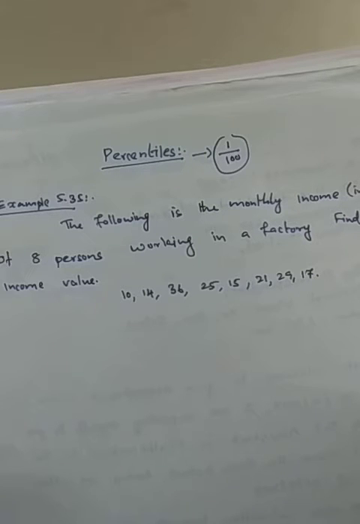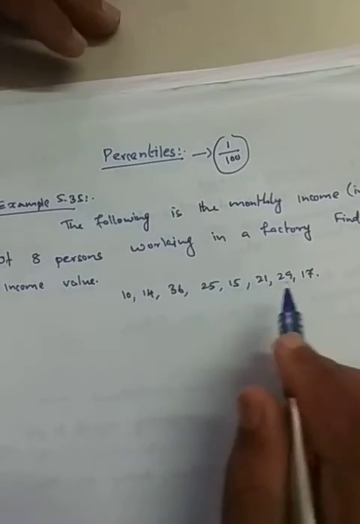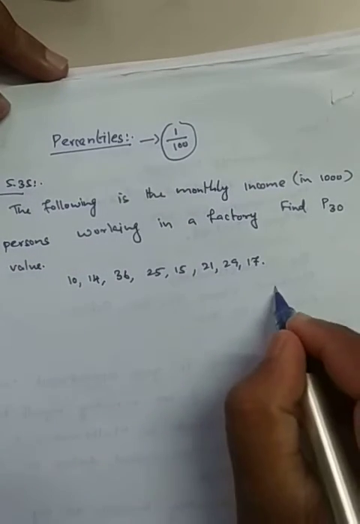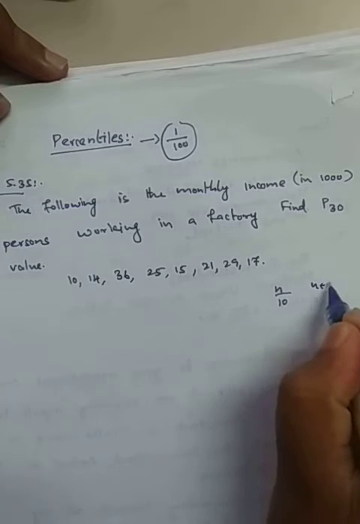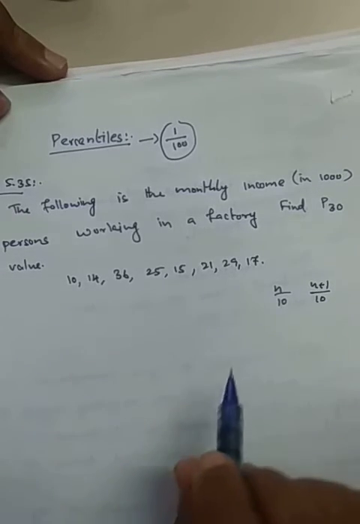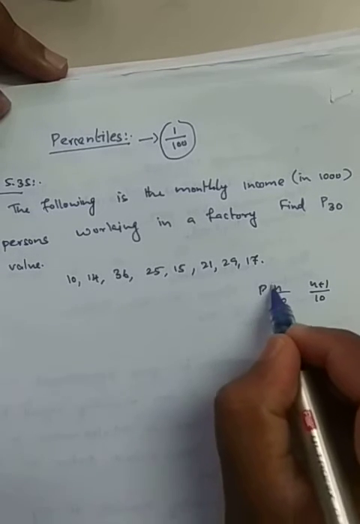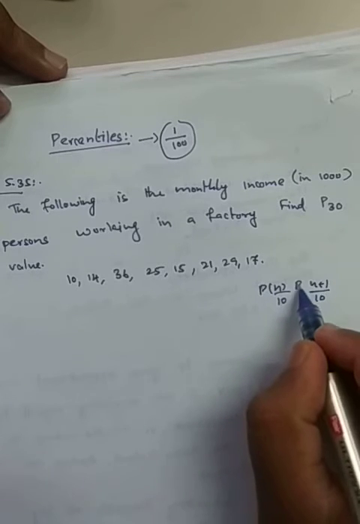We are going to divide the entire data as 100. So here also it's the same thing, n plus 1 by 100 you are going to do. Wherever the data is, you have done n by 10 or n plus 1 by 10, right? That is what we are doing for p into that.